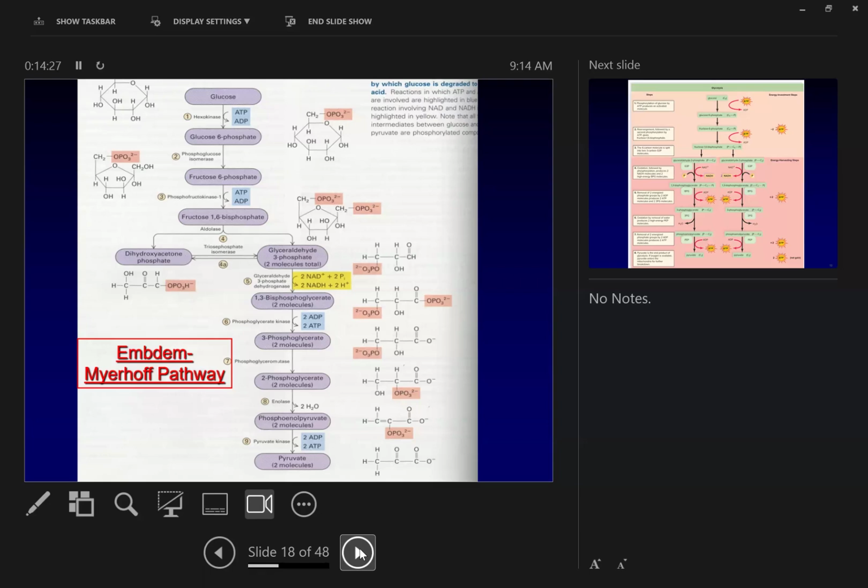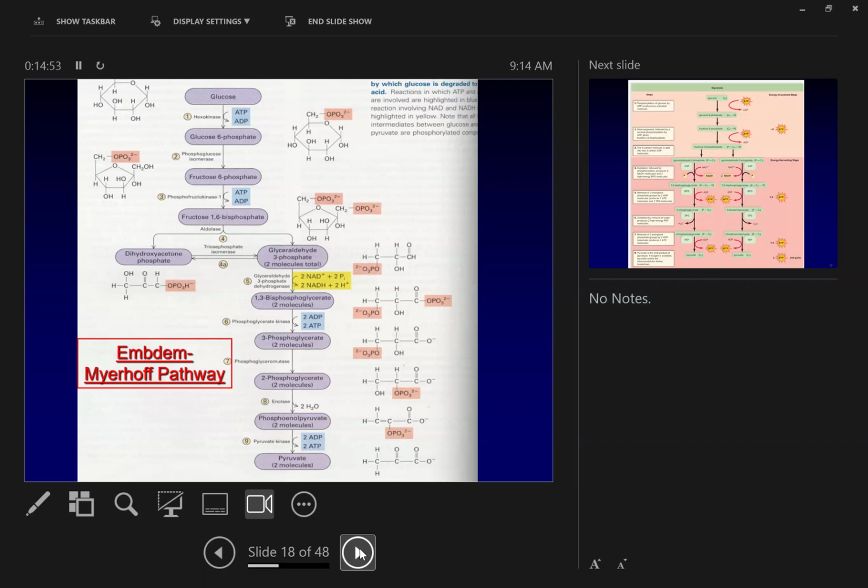What I do want you to know is that as we go from fructose 1,6, on each side with each of our 3 carbon molecules, we're going to steal some electrons. We're going to pull electrons out and put them on an electron carrier called NAD to make NADH.